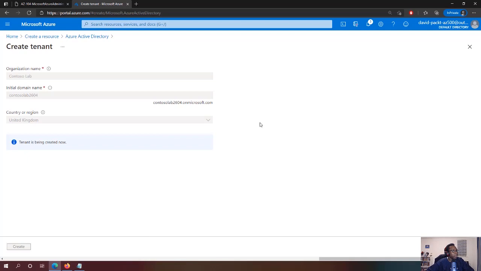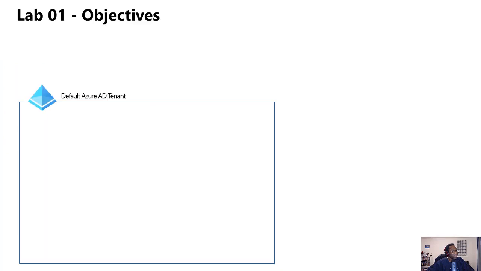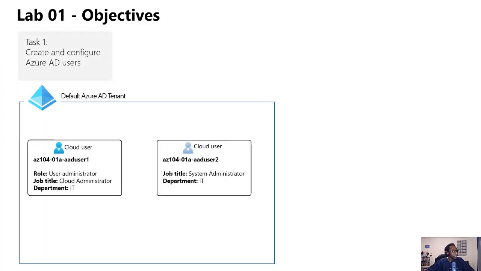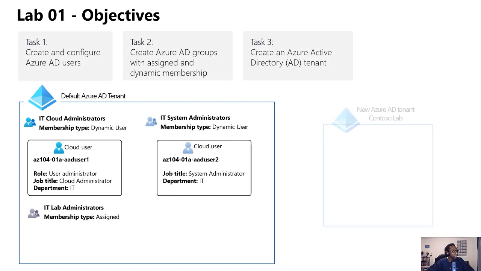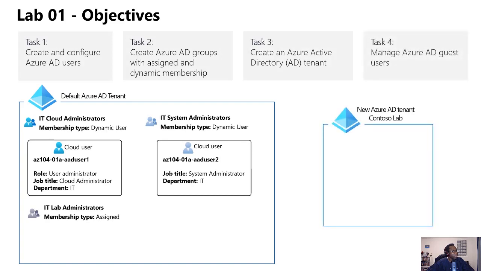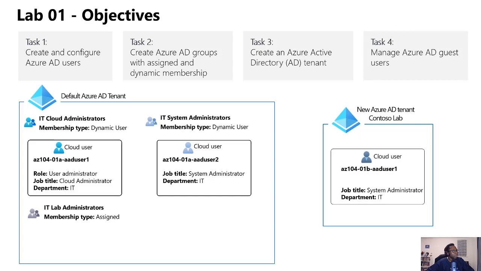While this is creating, I'm going to switch over to the presentation and introduce the final task for this lab to you. We've completed the first 3 tasks of this lab, and it's time for us to do the final task. In the final task, we're going to be managing Azure AD guest users. We're going to create a user in the new Azure AD tenant with the name that you can see on the screen with the job title of System Administrator.